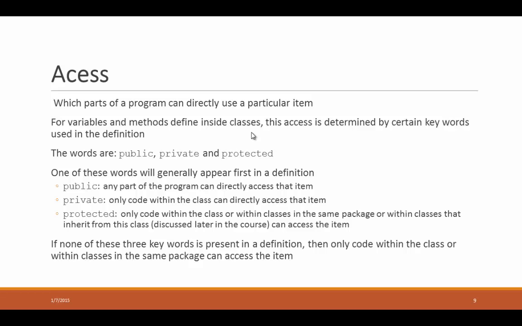Which parts of a program can actually access an item, can use it directly? For variables and methods defined inside classes, this is determined by certain keywords.